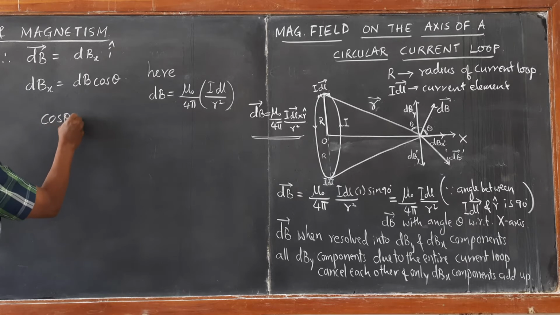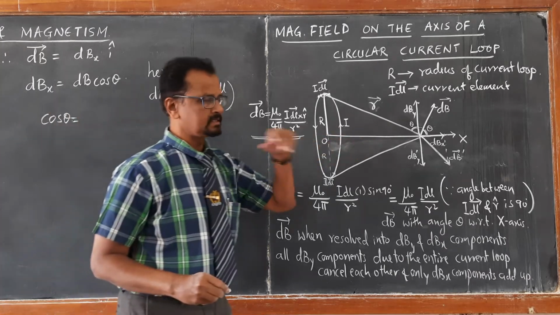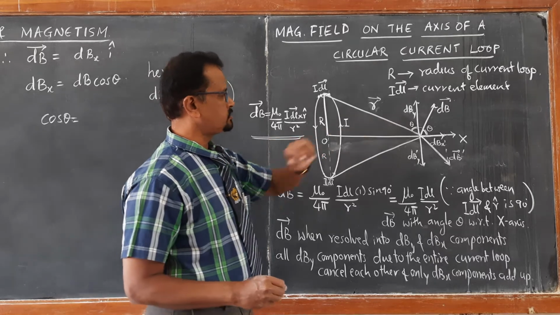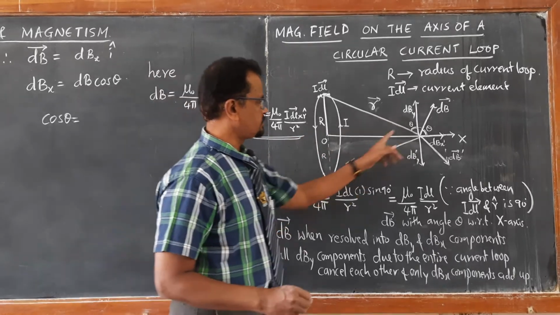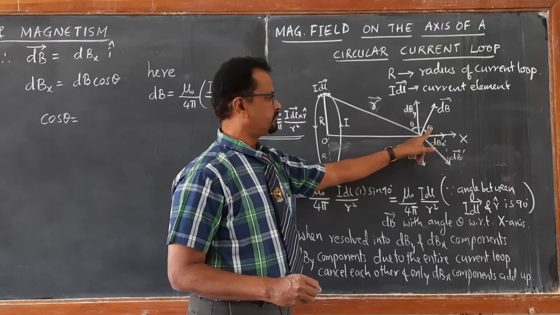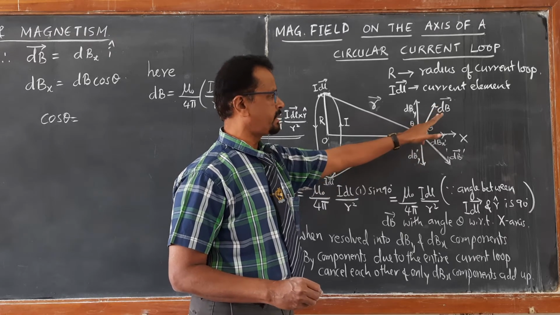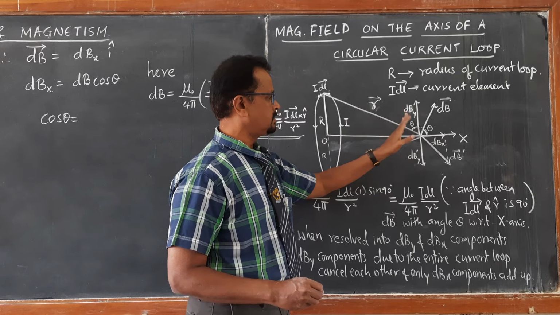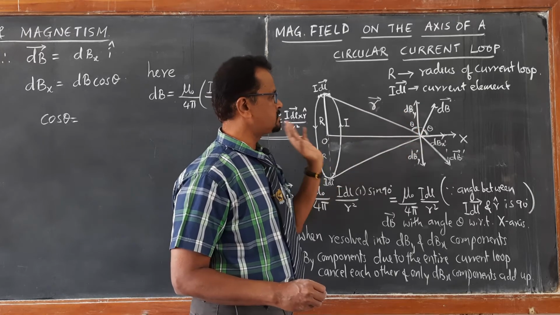Cos theta can be found from the geometry of this diagram. As I have said, if theta is the angle subtended by the magnetic field vector dB with the x axis, then this theta is the same as this angle.